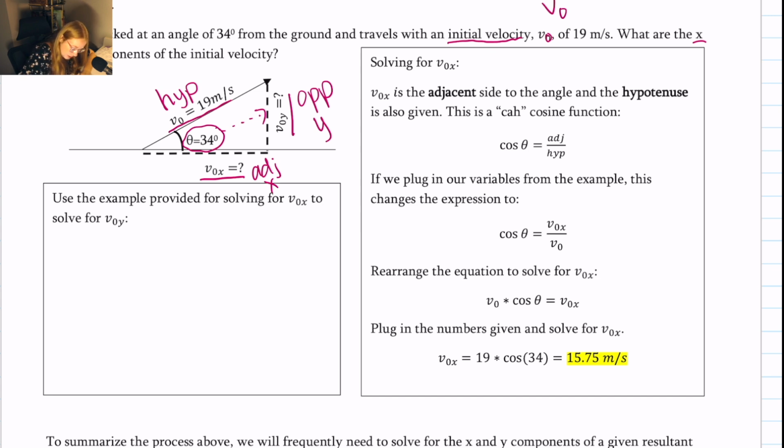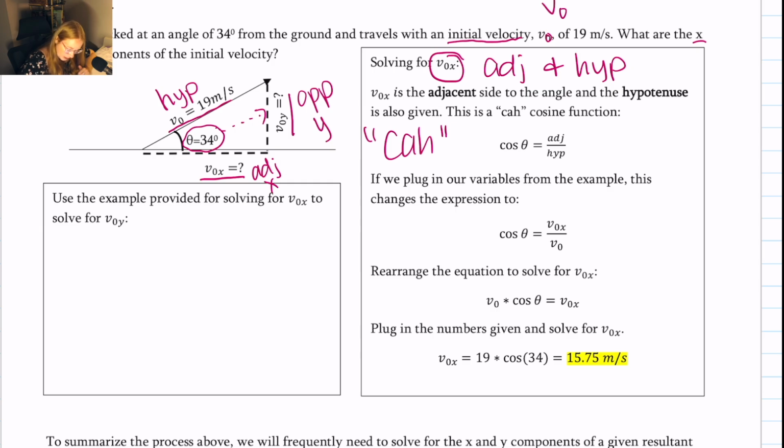So it wants us to set up an equation for Vx. Okay, well, we said the Vx was adjacent, and we already have the hypotenuse. So let's think adjacent and hypotenuse. Adjacent hypotenuse, that's going to be our cosine. And it gave us the base formula right here. Cosine theta is adjacent divided by hypotenuse.